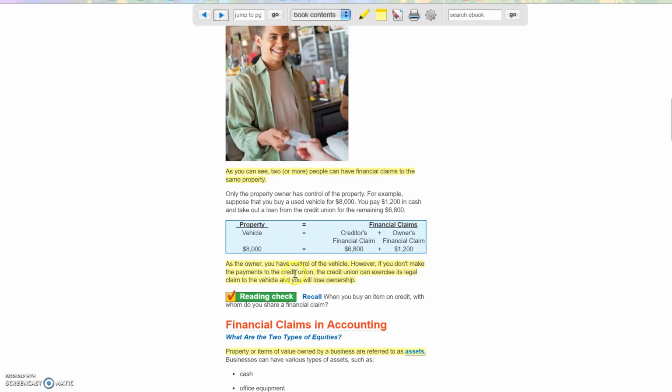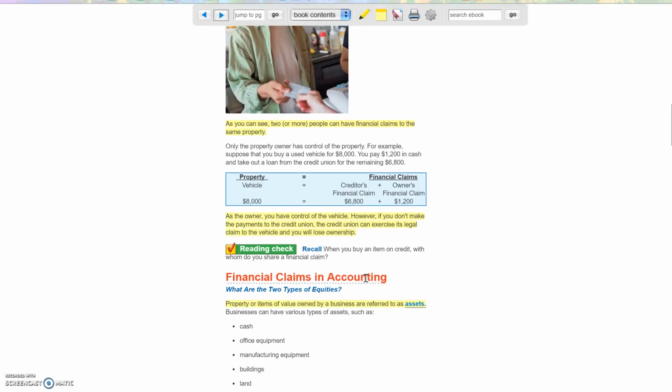Just like the bike lock, the value of the property is on the left side, and then the two groups of people that have financial claim to it, you and the credit union, are on the right side: the creditor's financial claim and the owner's financial claim. As the owner, if you don't make these payments, if you don't pay your $6,800, the credit union can exercise its right and claim the vehicle, and you lose ownership.